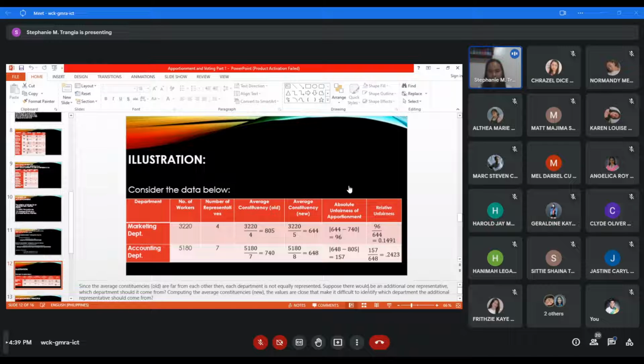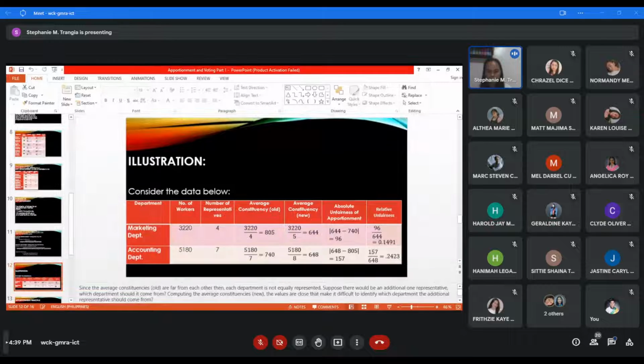Lastly, for the relative unfairness, you divide the absolute unfairness by the average constituency of new, giving us 0.1491 for the marketing department and 0.2423 for the accounting department.